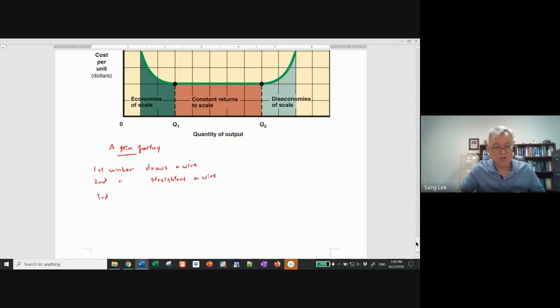And the third worker cuts the wire in certain lengths. And the fourth worker all he or she does is sharpen the wire.